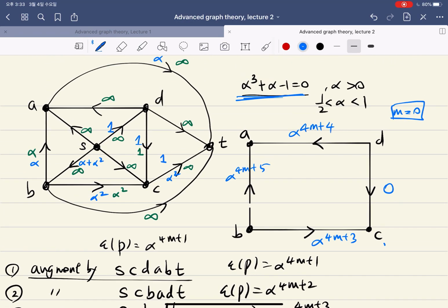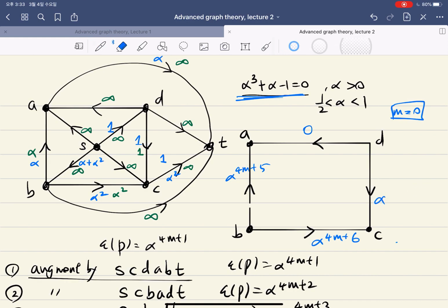So once you do that, this becomes 0. You subtract it, and you add alpha to the 4m plus 4, and you subtract alpha to the 4m plus 4. Then this again becomes alpha to the 4m plus 6.